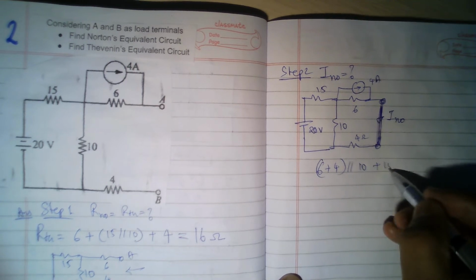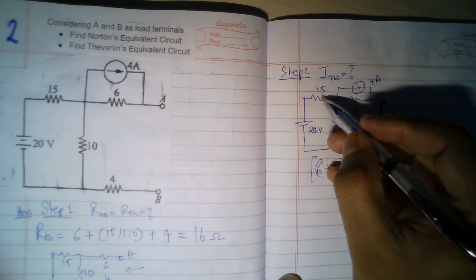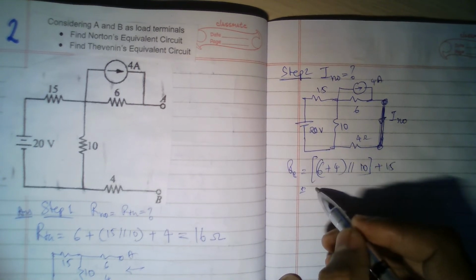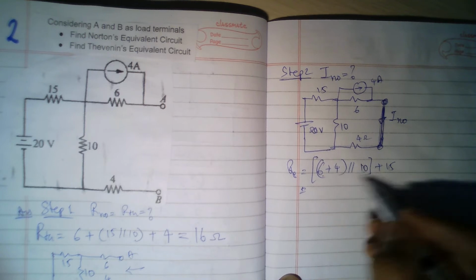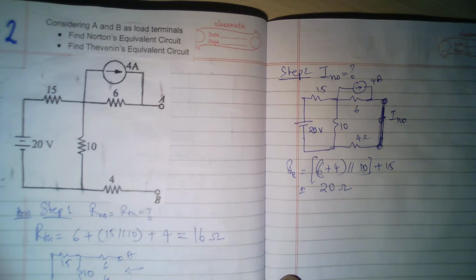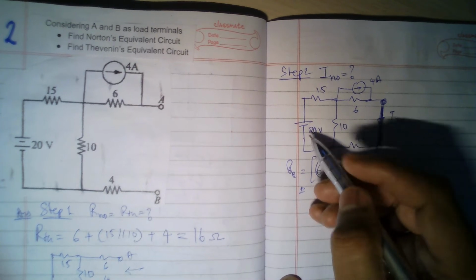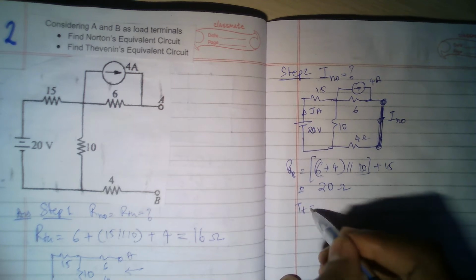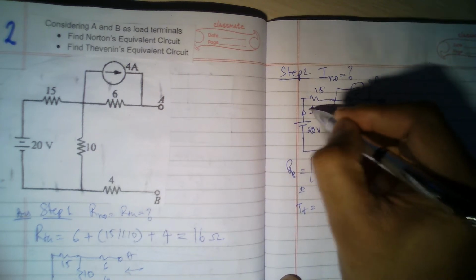Plus 15 is anyway outside in series. So the effective resistance RE is 5 plus 15, which is 20 ohms. The voltage is 20 volts, so 1 ampere current flows here. So I total is 1 ampere. I'm sorry, let me write 1.